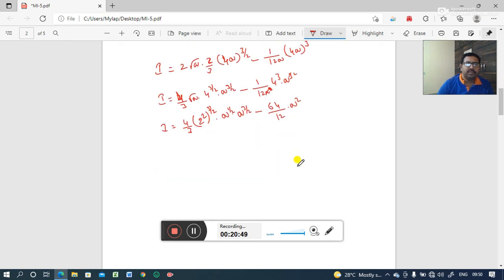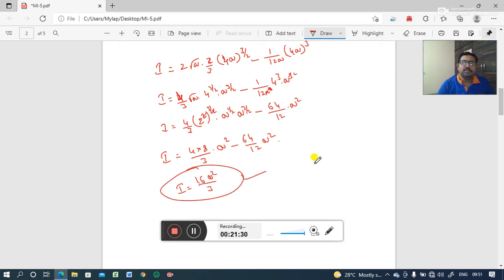So if you simplify this expression, I is equal to, here 2 cancels, so 4 into 2 cube gives 8 by 3, so a power 1 by 2 and a power 3 by 2 gives a square, because you are getting a power 4 by 4, so if you cancel you are getting a square, minus 64 by 12 into a square. So if you simplify this expression, you are getting I is equal to 16 a square divided by 3. So this is the answer for the given problem.